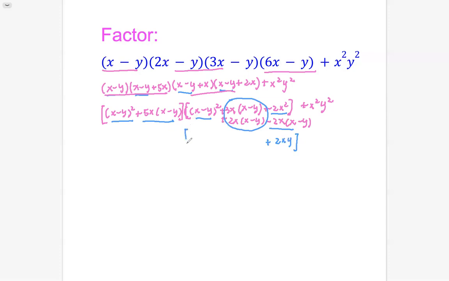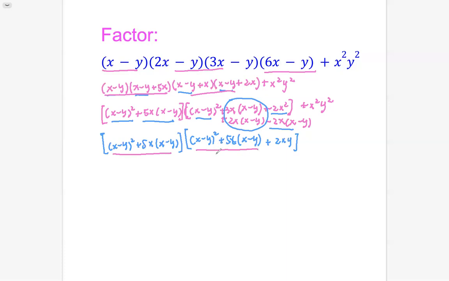So my second parenthesis, I have x minus y squared plus 5x times x minus y plus 2xy. My first one, let me just write it. I have x minus y squared plus 5x times x minus y. Do you see I have the same term?